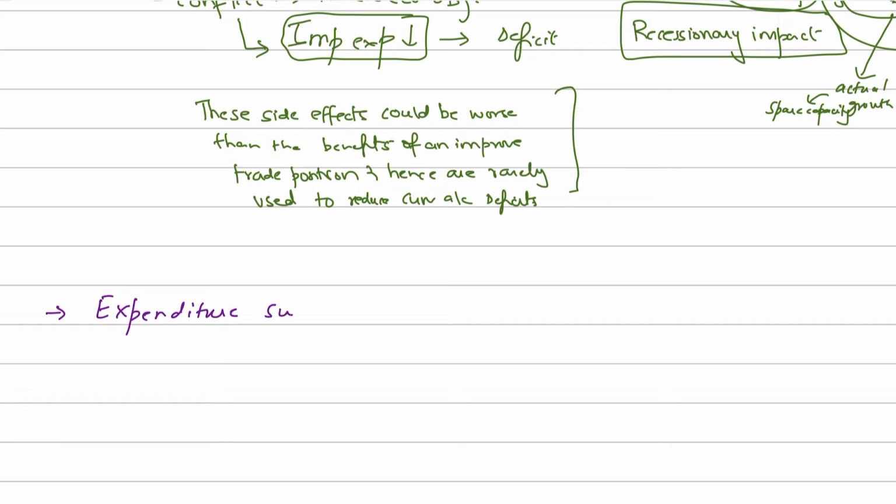As I said before as well, expenditure switching policy involves shifting your expenditure from imported goods to domestic goods, so that domestic industry expands, so that exports expand. So instead of reducing the level of AD in the economy, here we are actually promoting our domestic industries, so that the expenditure switches from imports to domestic industries.